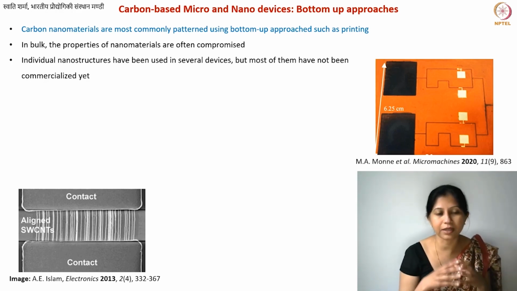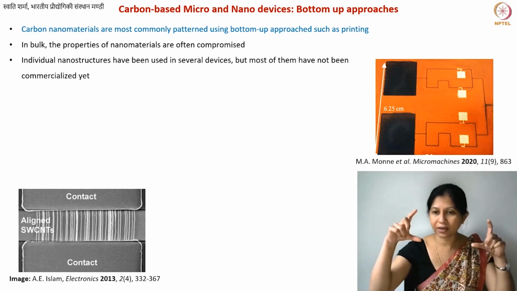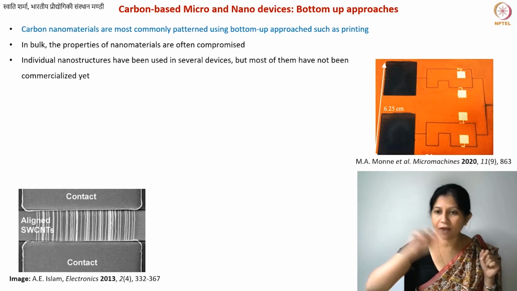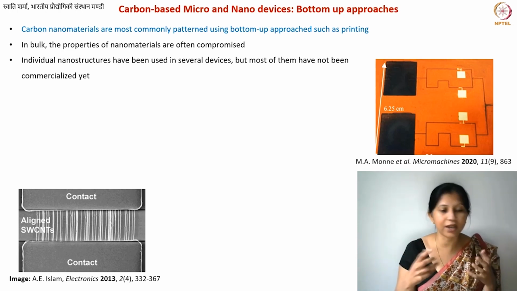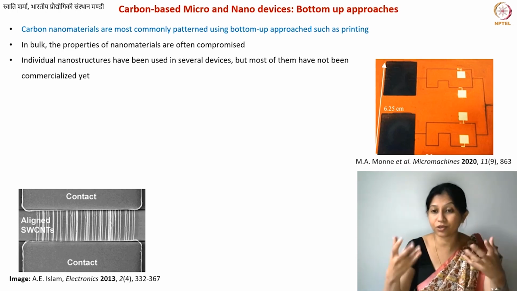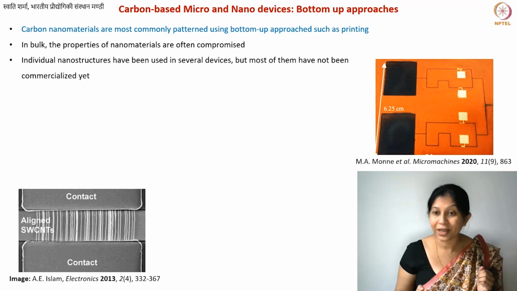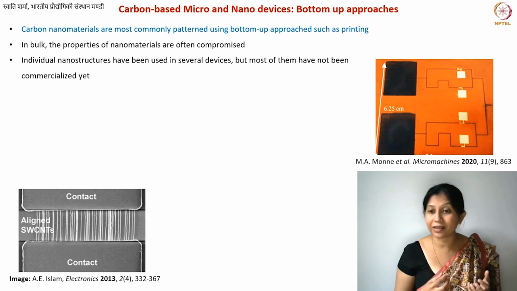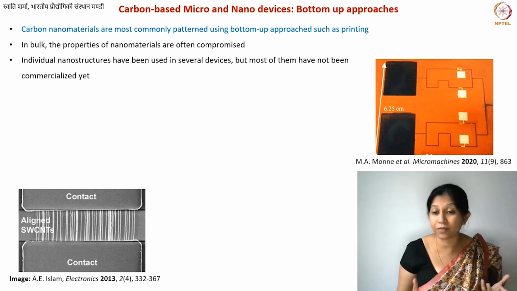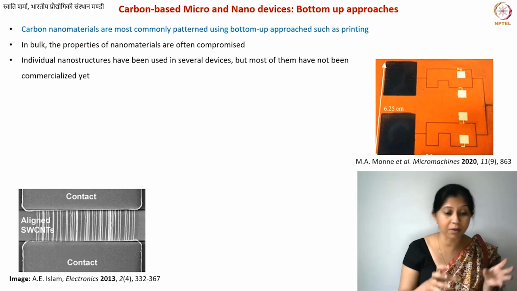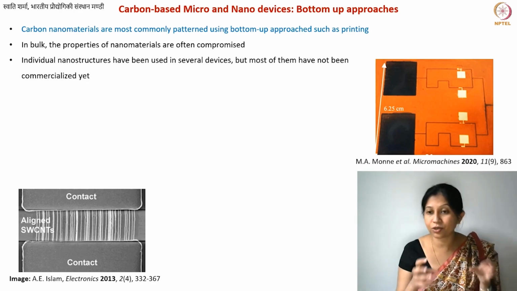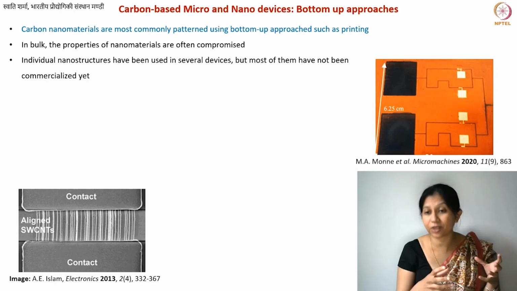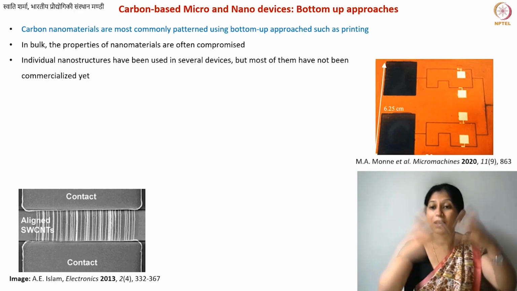Okay. There have also been examples of a single or a few carbon structures. In this image, what you have is two contact pads, and between them you have carbon nanotubes. You can sometimes grow carbon nanotubes onto your contact, especially if it is a metal contact, because you know that transition metals, at least some of them, serve as a catalyst for carbon nanotube fabrication. So you can even mix these catalytic particles into your polymers or any other substrate for that matter, and then directly grow your carbon nanotube on top of it.